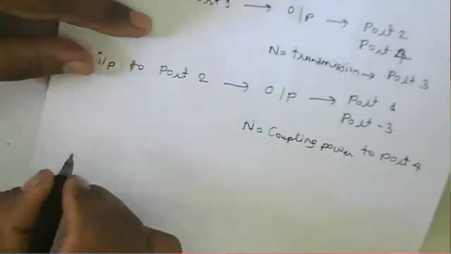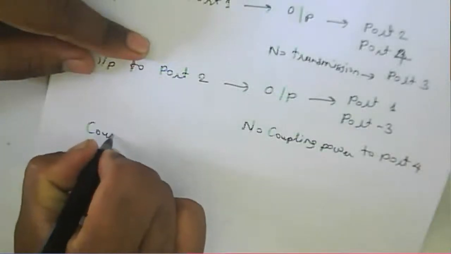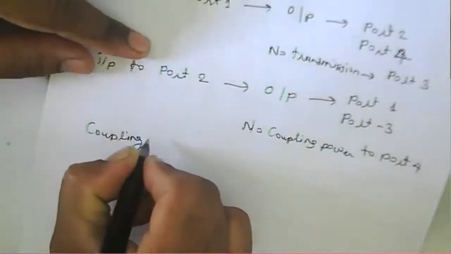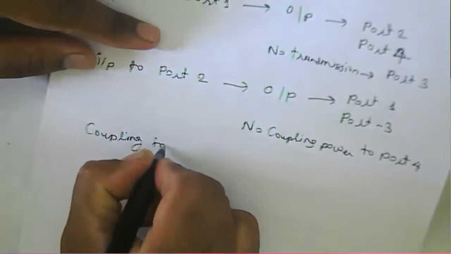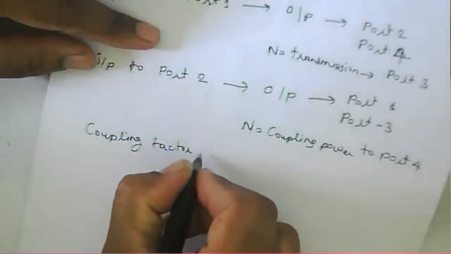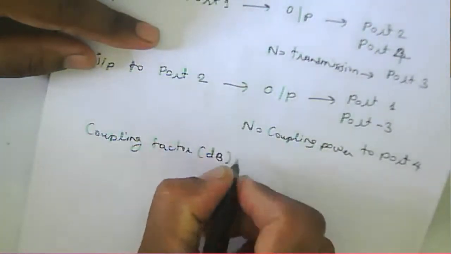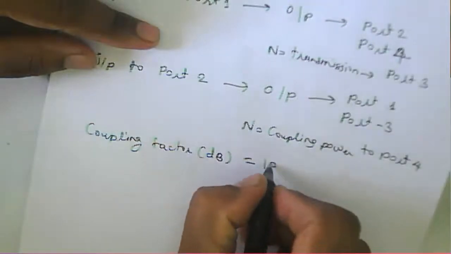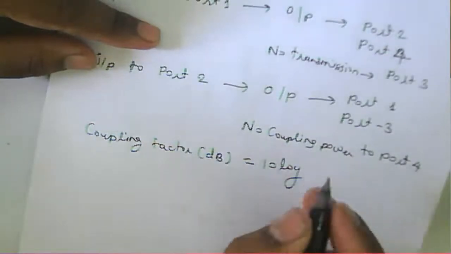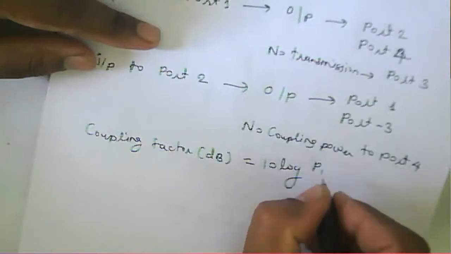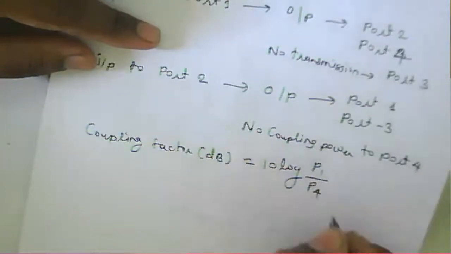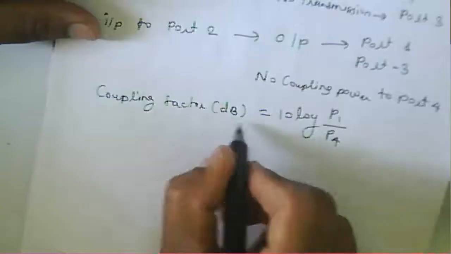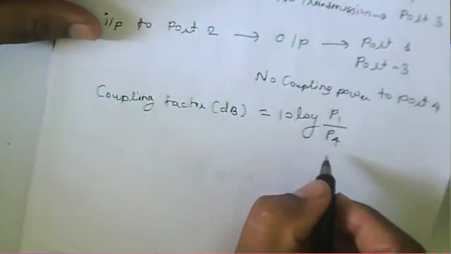Based on this, we can find out how much coupling takes place: the coupling factor, or coupling loss, the power coupled from this port. We say that input is at port 1 and power is coupled to port 4.